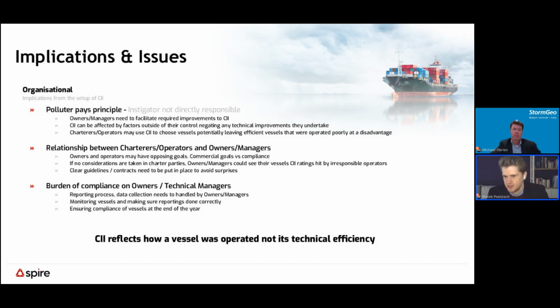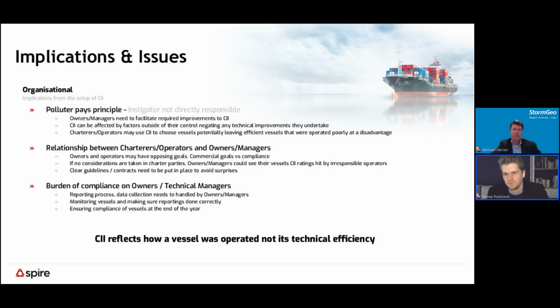This is obviously kind of an issue because many factors that impact the CII rating are outside of the control of the owner or manager of the vessel, and make it extremely difficult. So that leads me into the next point, that one of the challenges will be the relationship between charterers and operators, and the owners and managers of the vessel.